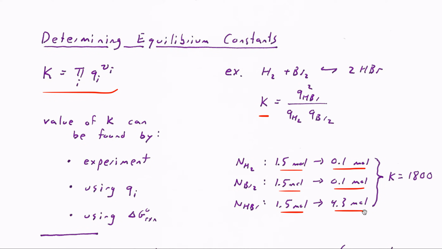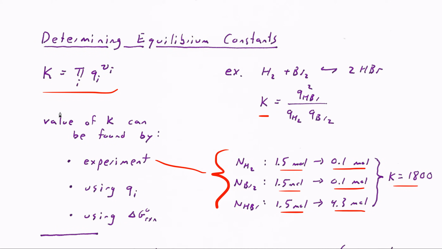We can throw those numbers into the reaction quotient, 4.3 moles squared over 0.1 moles and 0.1 moles, calculate what that equals, and we've obtained experimentally that the equilibrium constant is equal to 1800. So that's what we would do if we want to use experiment to determine the value of an equilibrium constant. And like I said, that's fairly commonly done.